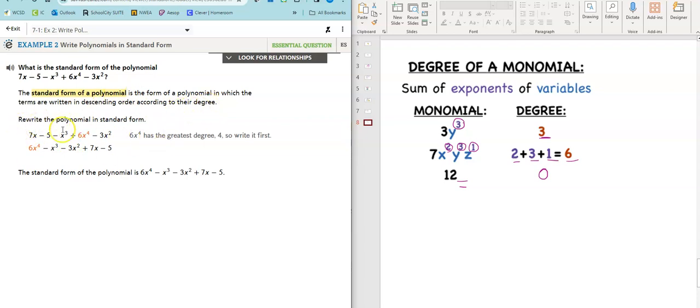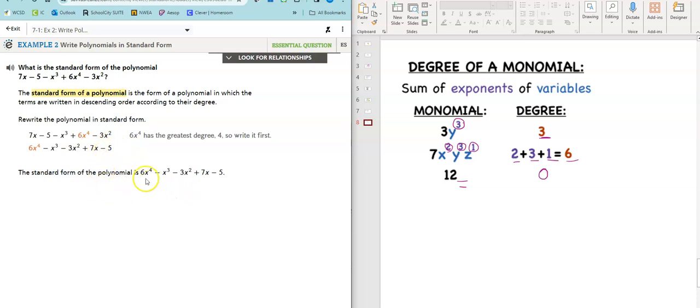We're going to rewrite the polynomial of this expression right here in standard form. So the first thing we're looking for is the greatest degree. So 6x to the 4th power, that is the greatest degree of 4, so it's going to go first. Okay, then we have x to the third, then x to the second, x, and then a constant with no x.